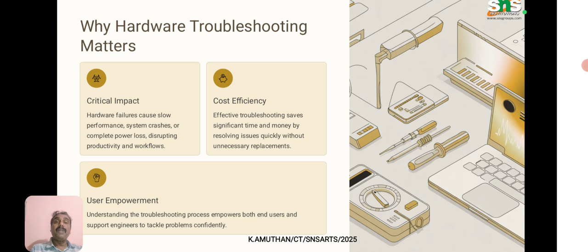Next, user empowerment: understanding the troubleshooting process empowers both end users and support engineers to tackle problems confidently. So the critical impact is slow performance and system crashes, plus cost efficiency and user empowerment.